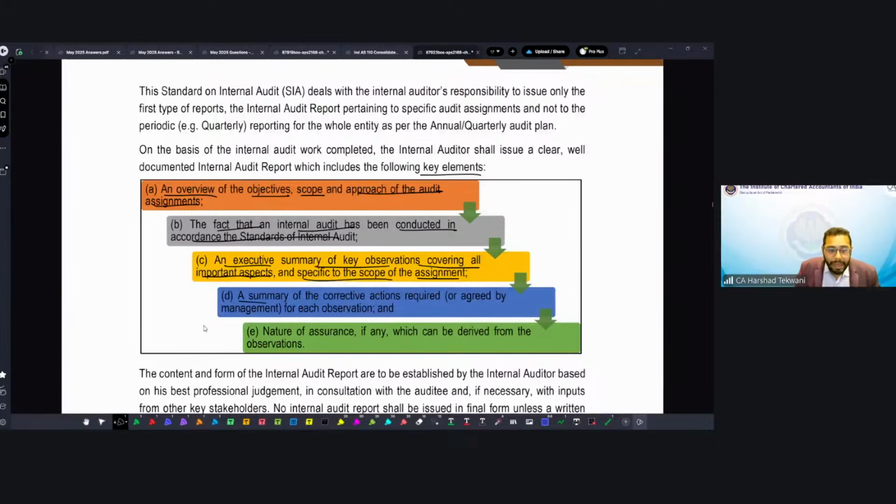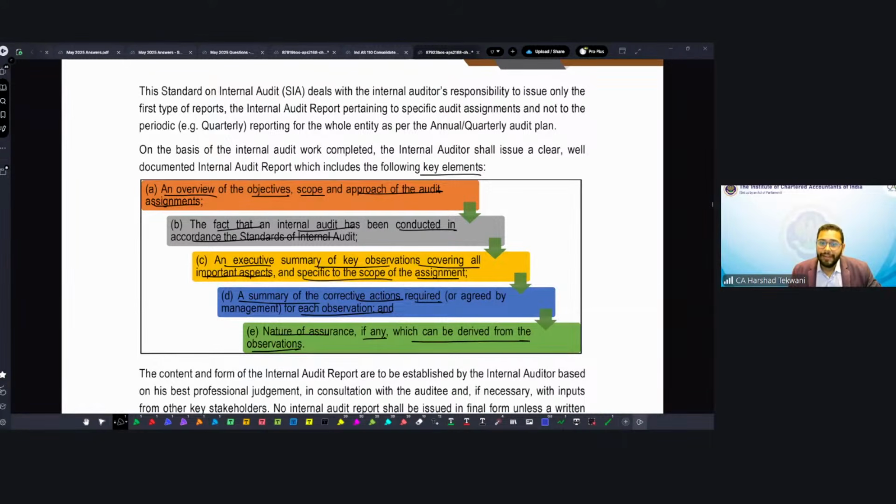A summary of the corrective actions required for each observation, which was not there. Nature of assurance, if any, which can be derived from the observations. That was also not there. So you need to have these 5 key elements at a minimum in your internal audit report. Clear?